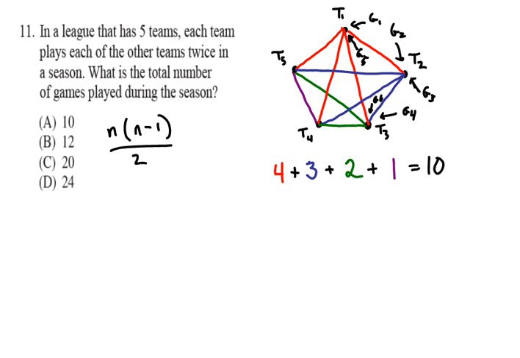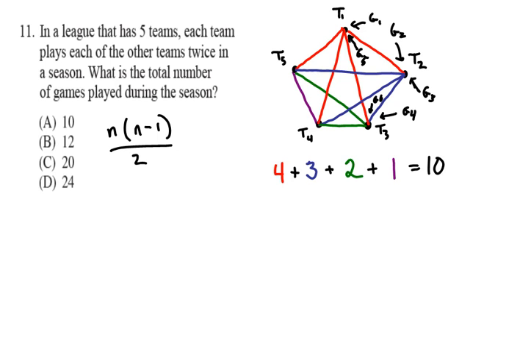So, for example, at the top of the pentagon, there are 1, 2, 3, 4 line segments that terminate at T1, and so we would count that as 4 different games.